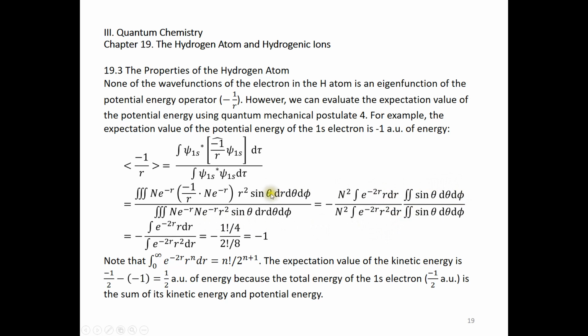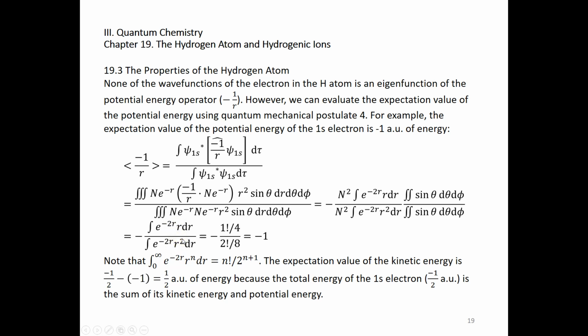If you look at theta and phi, on top you have a double integral of theta and phi. On the bottom you have the same double integral of theta and phi, so they will eventually cancel, and then we get this simplified expression for the average potential energy.